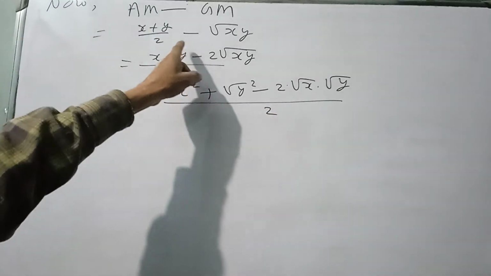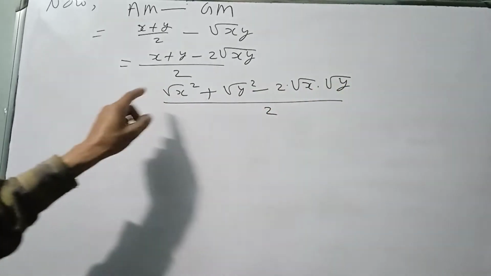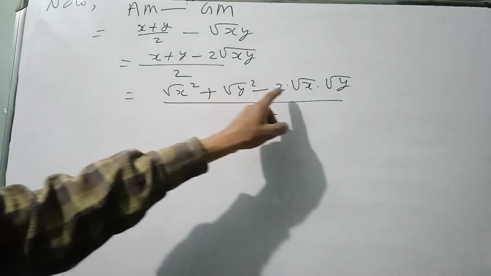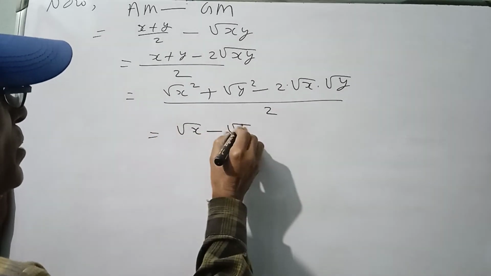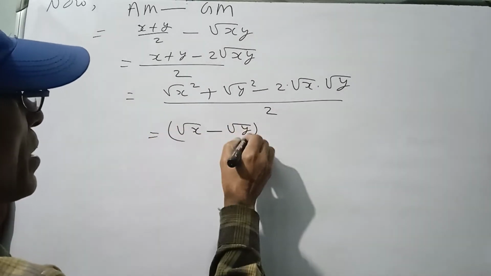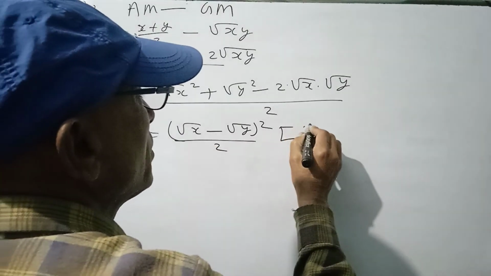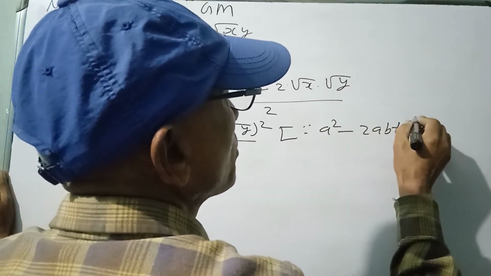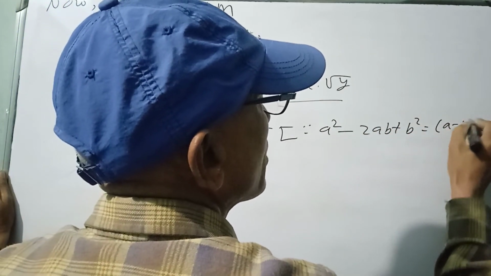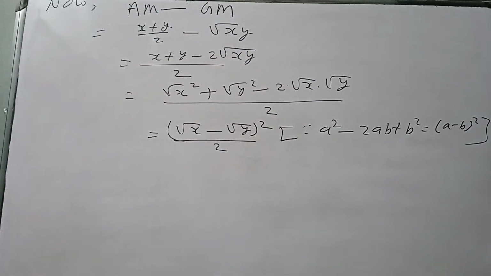That means a square plus b square minus twice ab equals a minus b whole square upon 2. The formula is a square minus twice ab plus b square equals a minus b whole square. This is the formula. Apply this formula.